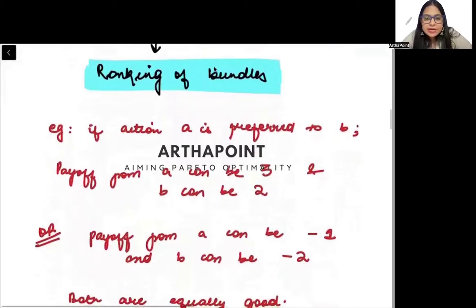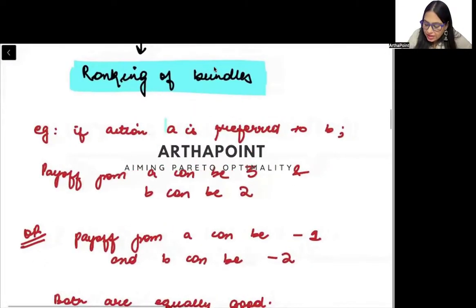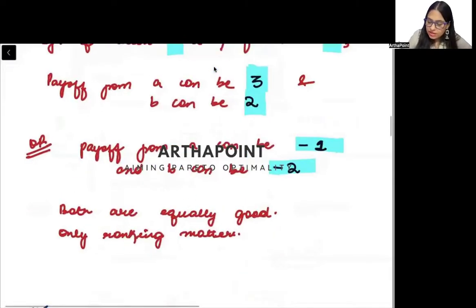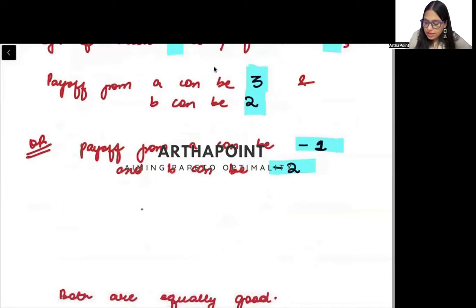हम किस चीज पे काम कर रहे हैं कि if any action A is preferred over B, so you can give the payoff of A as 3 and B as 2, or you can give the payoff as -1 and -2, या फिर you can give the payoff from A as 100 and B as 0.